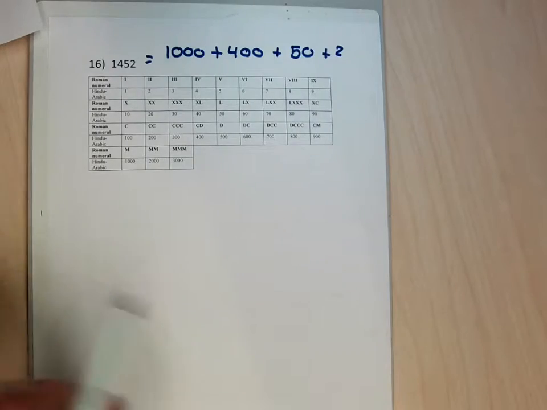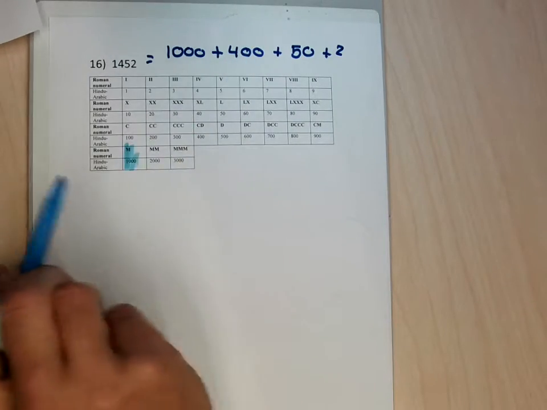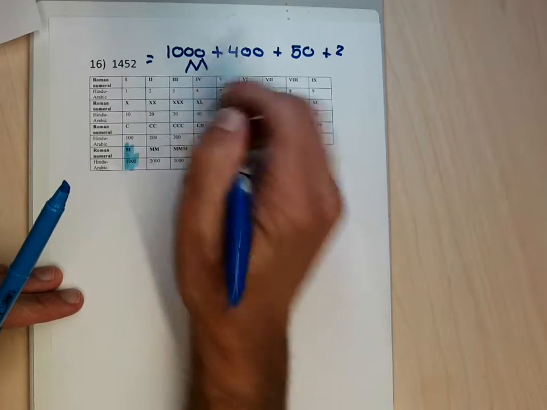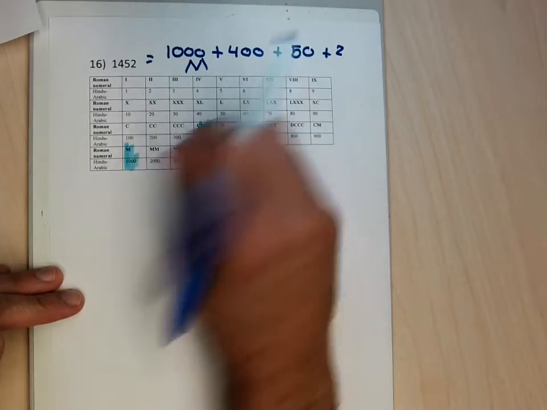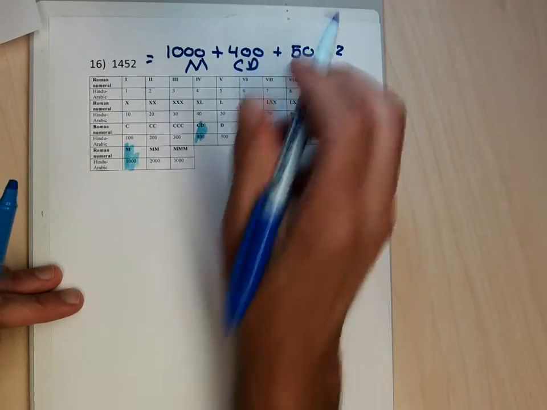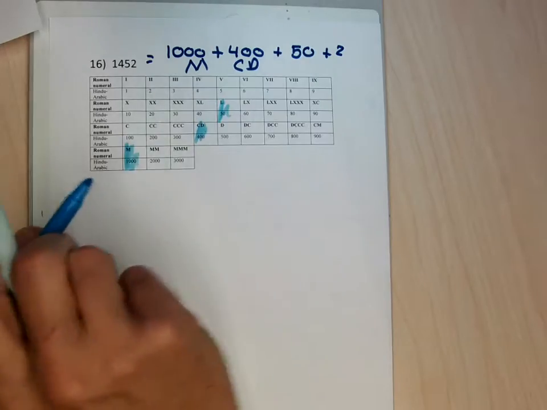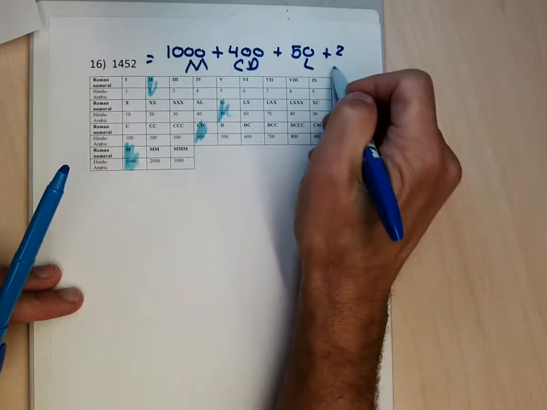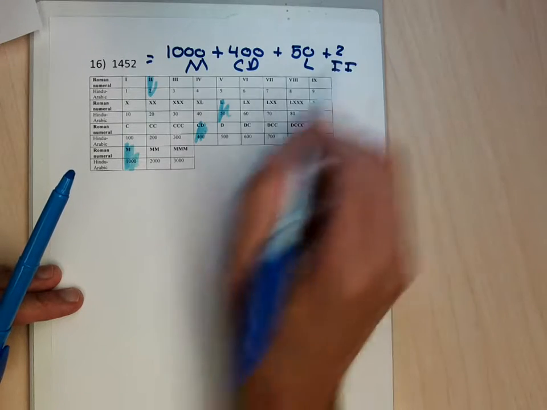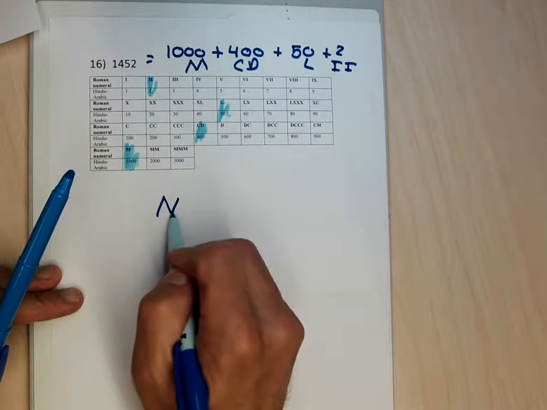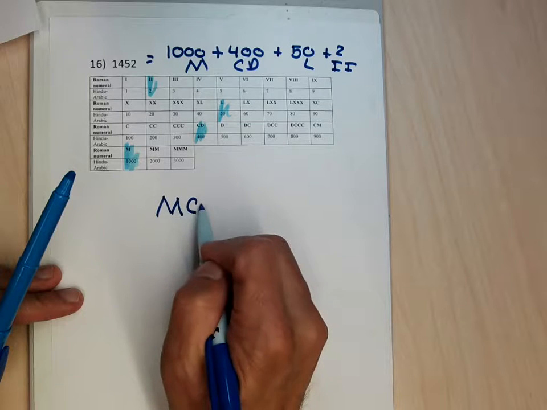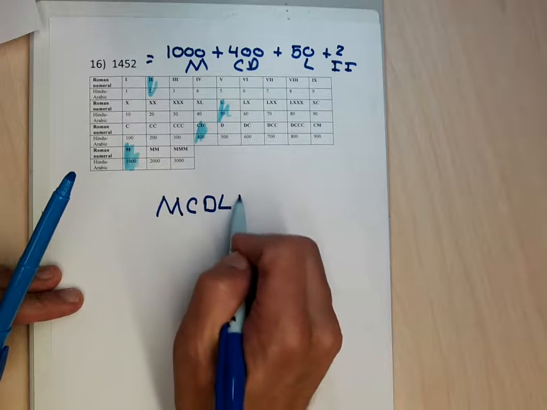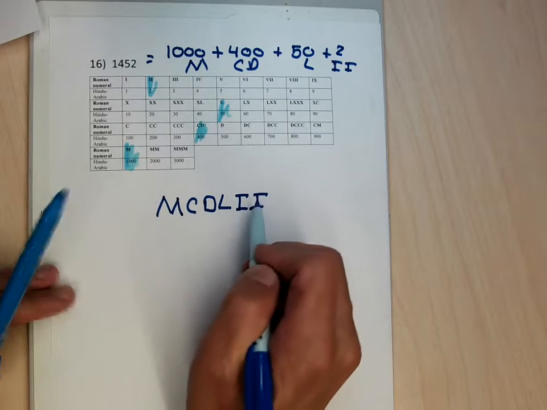So now I go for each one of these. 1,000 is an M. 400 is a CD. 50 is an L. And 2 is a double I. The answer to problem 16, the Roman numeral representation for 1,452, is M, CD, L, II.